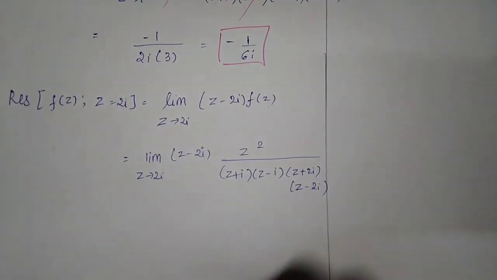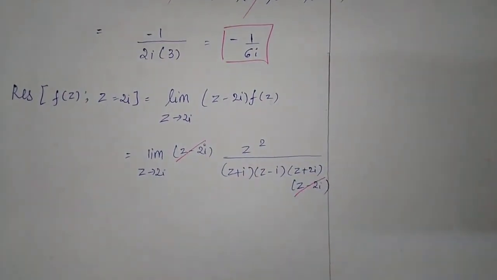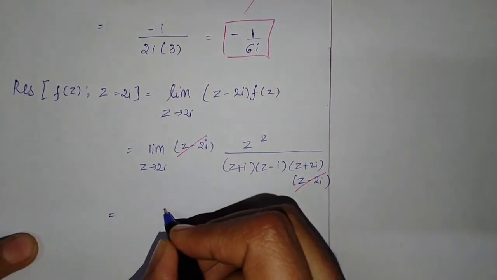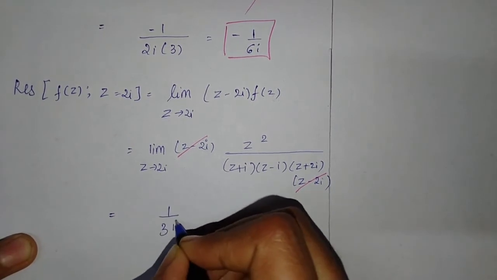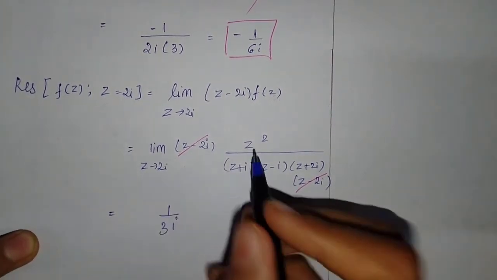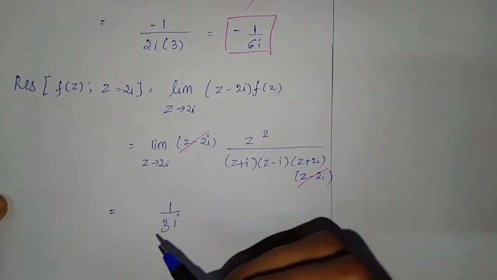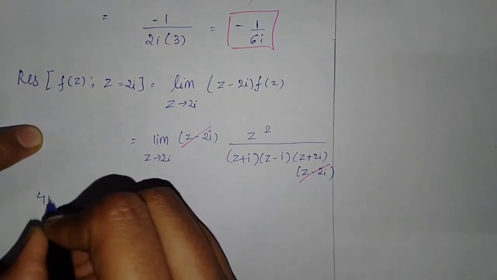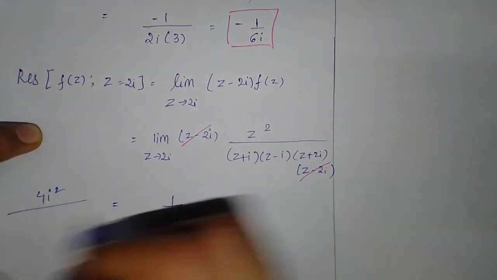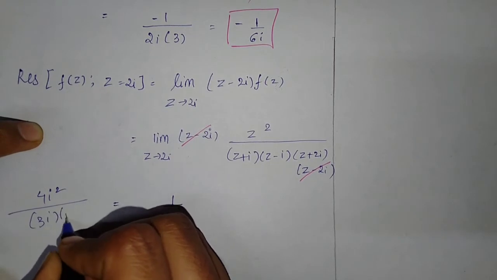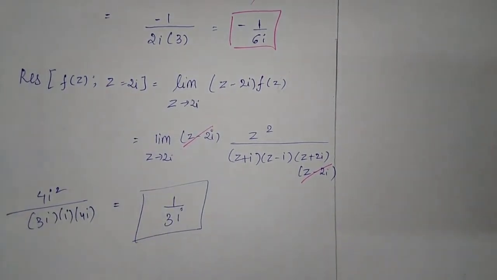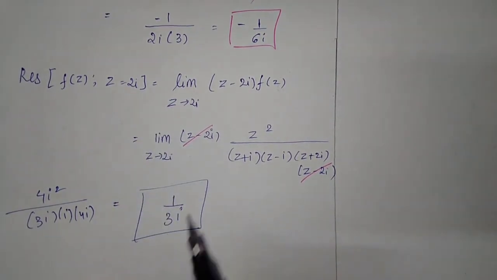So again we can see that these both the terms will get cancelled, and if we put the limit here, then we will again get 1 by 3i. Okay, (2i) whole square it will be. You will solve it further, then here you will get 4i square by 3i into i into 4i. So you will solve it and then you will get 1 by 3i. So we will get residue at z equal to 2i, that is 1 by 3i.